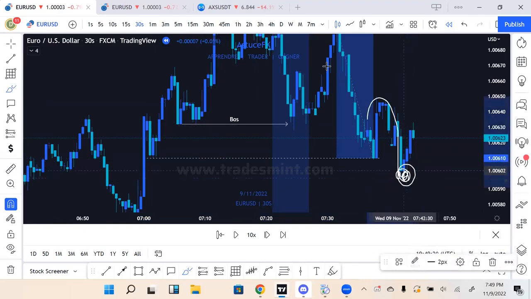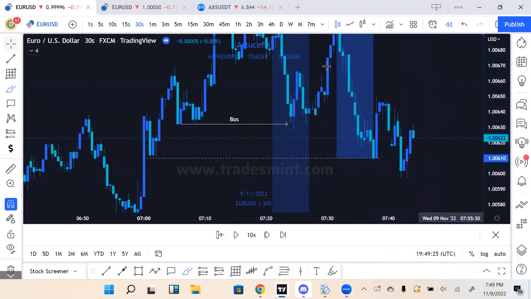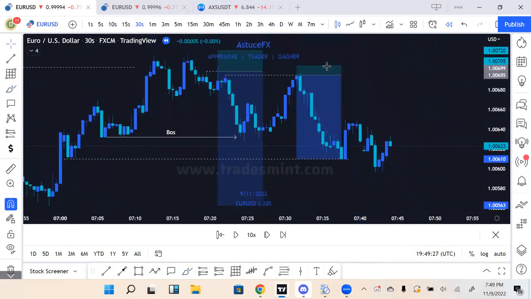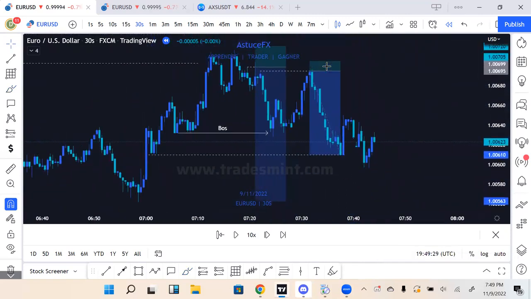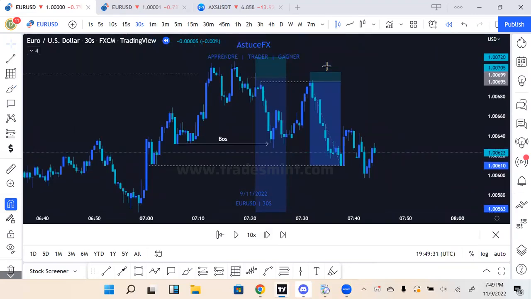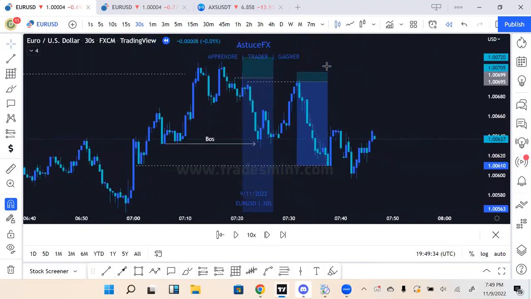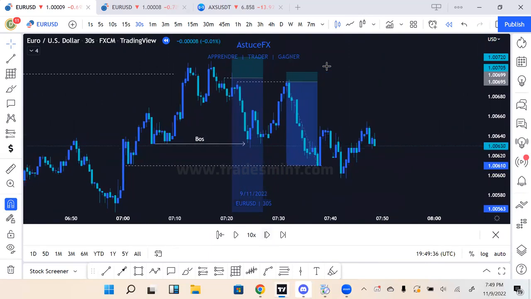And after the stop loss is taken, you need a change of character, pull back, and buy. I don't know if that makes sense. Without the change of character, you can't really buy from these zones. Wait so that price can give you the change of character you're looking for.